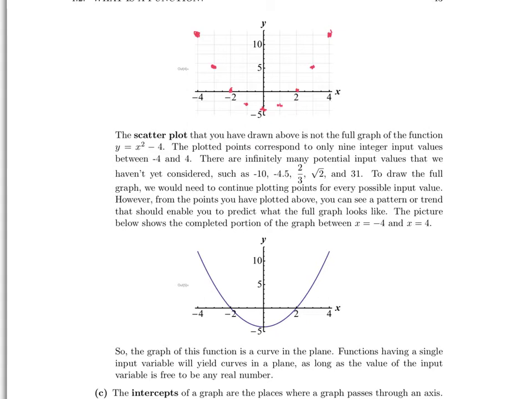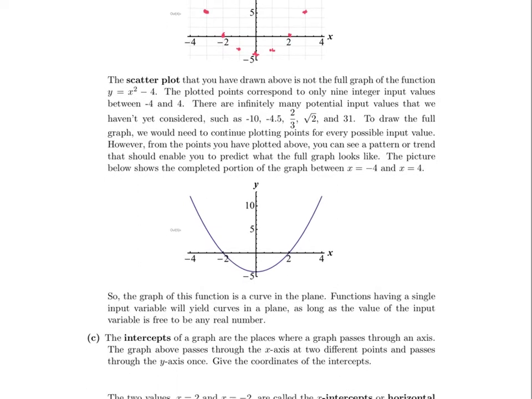However, from the points you've plotted above, these 9 points, you can see a pattern or a trend that should enable you to predict what the full graph looks like. The picture below shows the completed portion of the graph between x equals 4 and x equals negative 4.